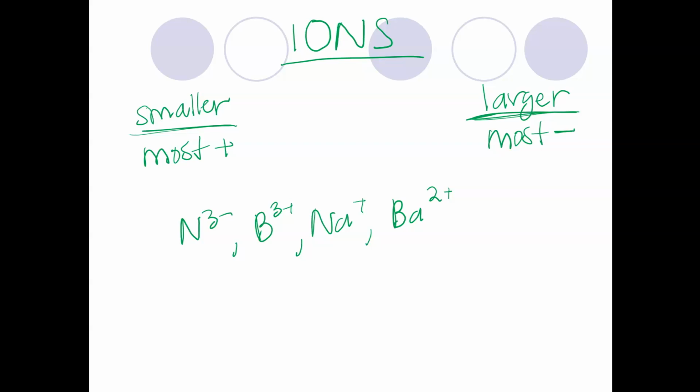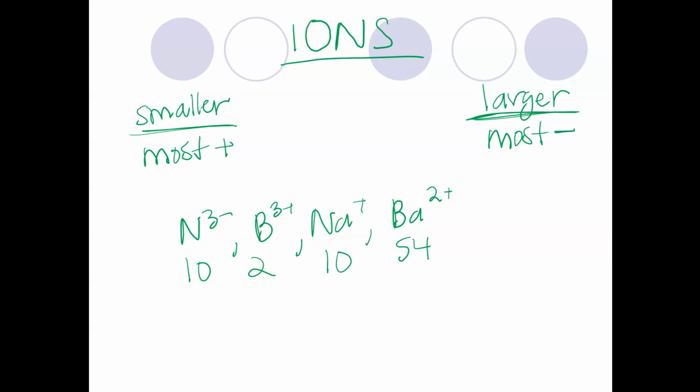That can help. So nitride, N3-, has 10 electrons. Sodium, sorry, I'm jumping around here, has 10 electrons. Barium has 54 electrons, and boron has 2 electrons. It starts with 5 and we took away 3, so it's left with 2.